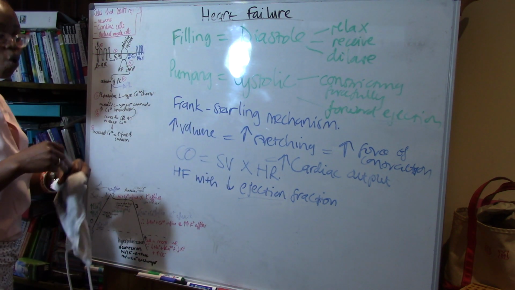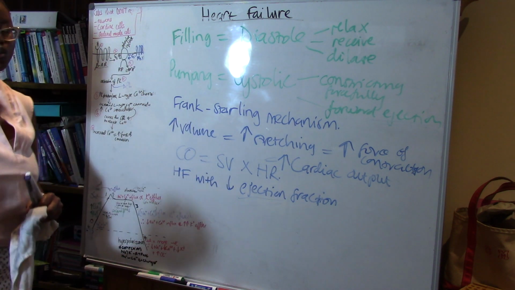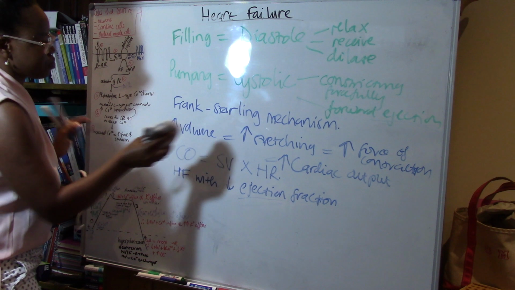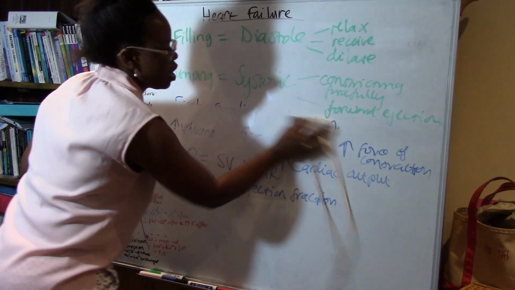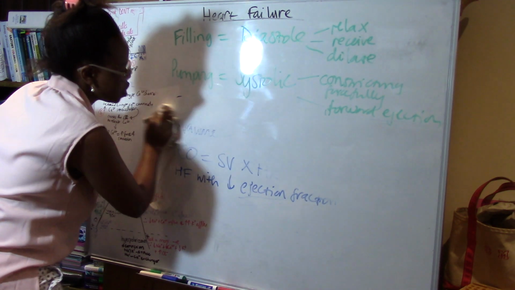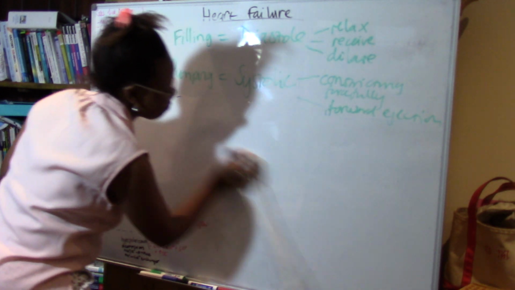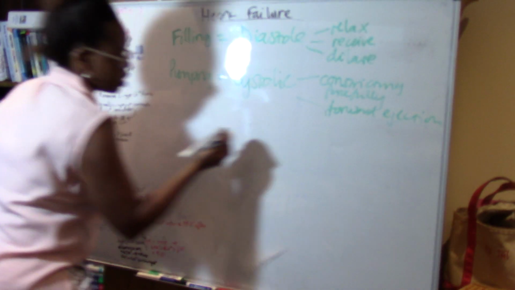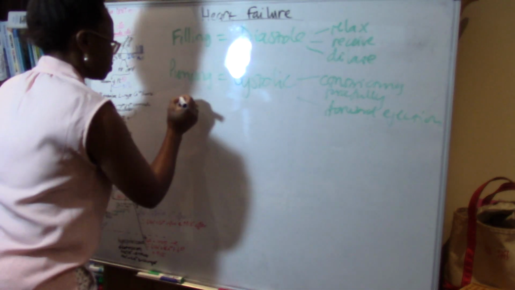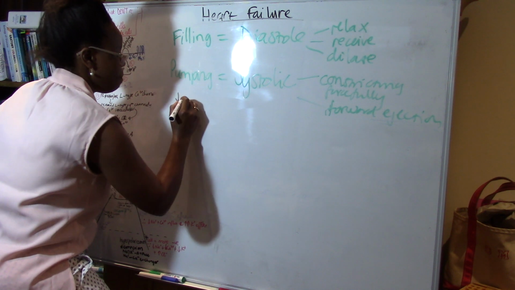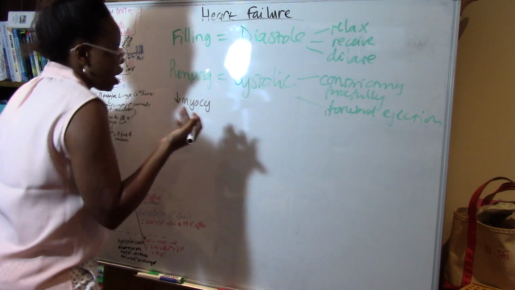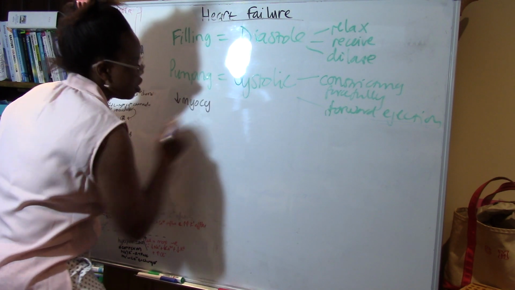And the things which will cause systolic heart failure are things which stop the heart from actually pushing the blood out. So the things which will stop the heart from pushing the blood out are things which reduce myocardial stretch. Myocardium, cardiomyocyte, it doesn't matter.